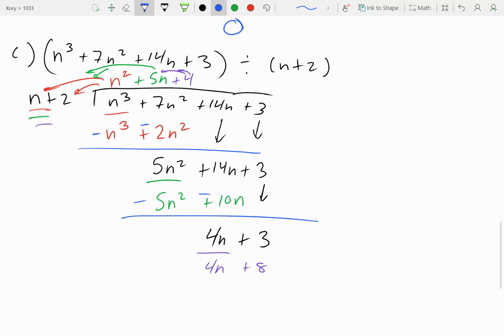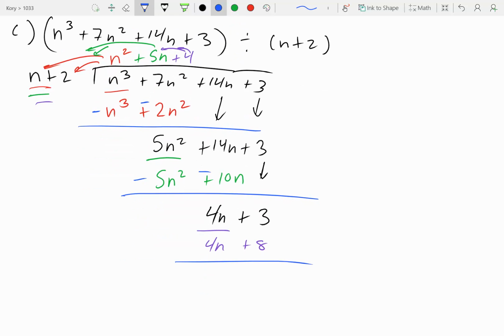We're going to change the signs. So positive becomes negative, positive becomes negative. The 4n's cancel out, and we're left with negative 5. So that's our remainder. So our answer is n squared plus 5n plus 4 minus 5 over n plus 2.